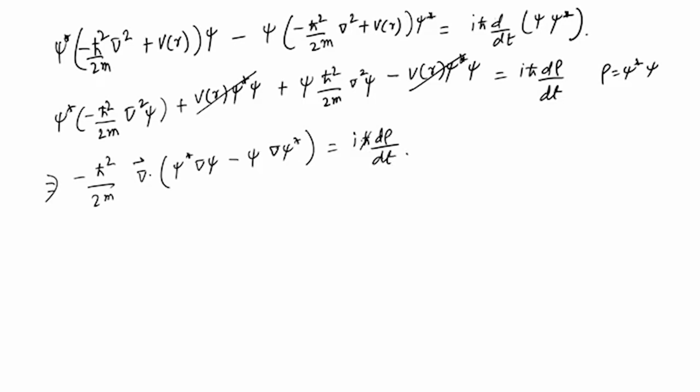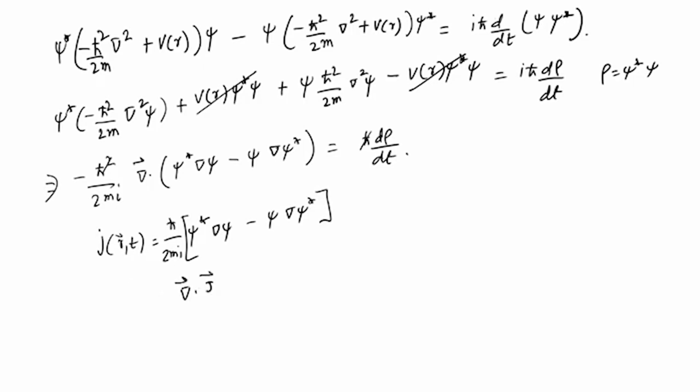So, one h cross goes away and this i can be brought downstairs, so that this i reappears here, and if we define j, which is a function of r and t in general, equal to h cross over 2m i times psi star del psi minus psi del psi star, this gives you that divergence of j plus del rho del t is equal to 0. Okay. So, this is the equation of continuity.